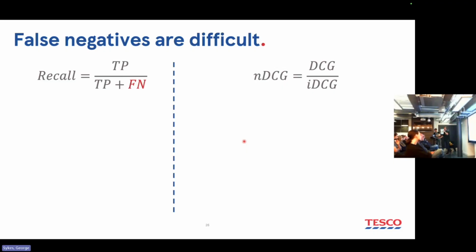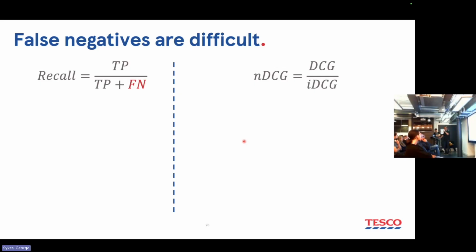A couple of the key metrics that we use in measuring search are recall and NDCG. And both of these are affected by the model's tendency towards overestimating relevancy. In the case of recall, you're trying to measure the number of true positives out of all the relevant products in your catalog.